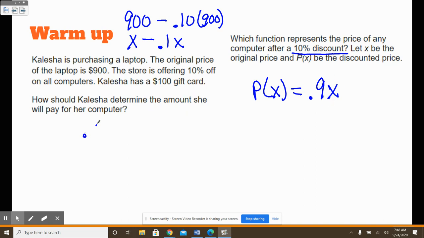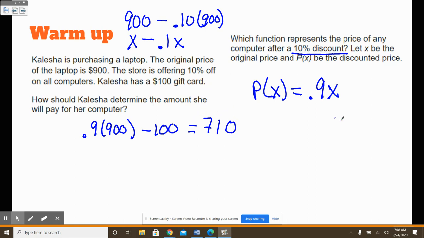So we would take 0.9 times 900, and then subtract the gift card. And it looks like she's going to be paying $710 out of her pocket anyway.